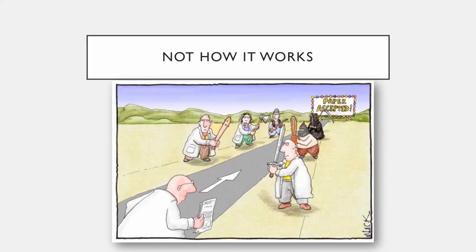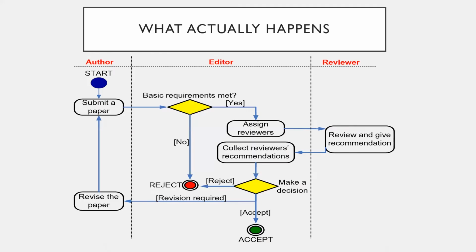Okay, so this is the diagram showing you the whole process and how it works. It is very important, so let's see what actually happens. As you see, on the left side there is the author, in the middle the editor, and on the right side the reviewer. When you start, you read the author guidelines of the journal and you submit the paper.